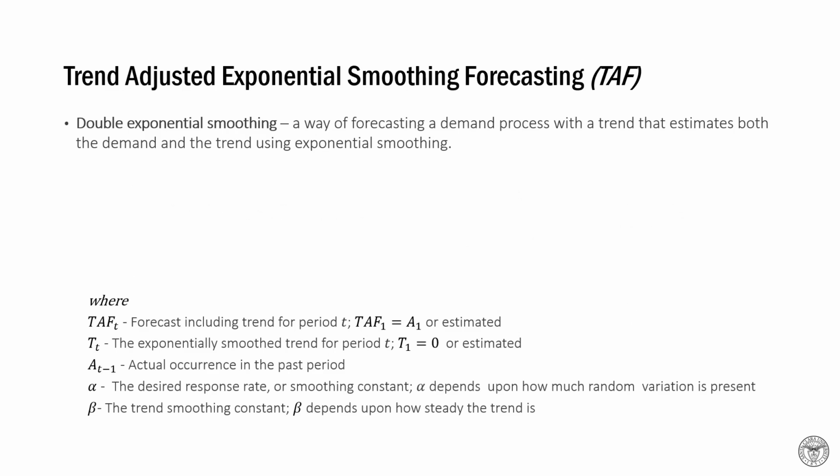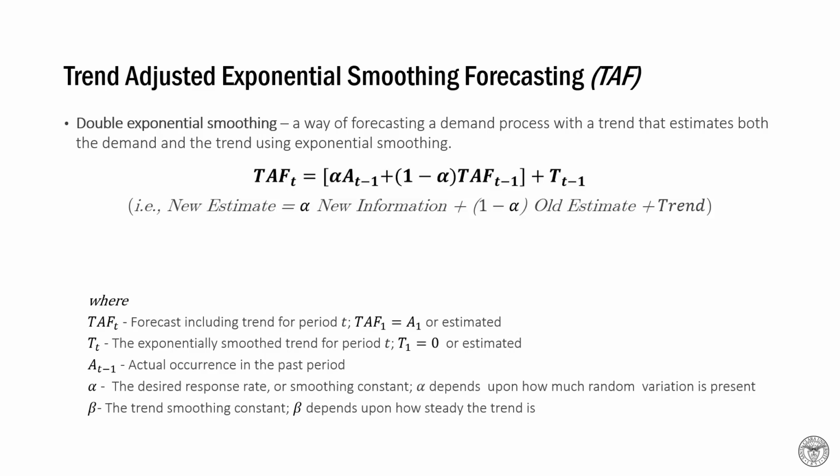Trend-adjusted exponential smoothing, TAF, is a more sophisticated forecasting method. The fundamental idea is to estimate both the demand level and the trend using exponential smoothing techniques.